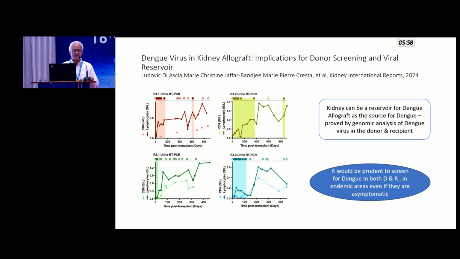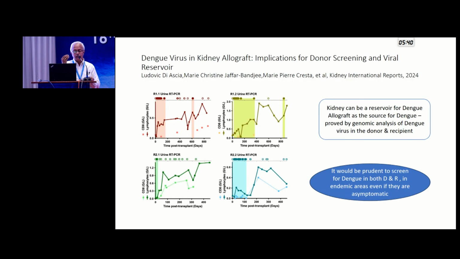Interestingly, there is a contrasting next paper published in KIR. I happened to review this paper. So look at this, the depiction of 4 kidney transplant recipients who developed dengue in the immediate post-transplant period.